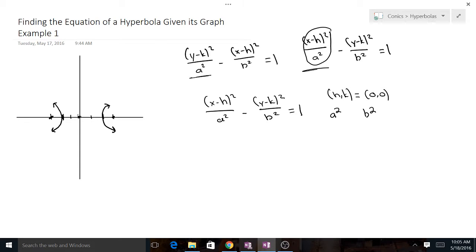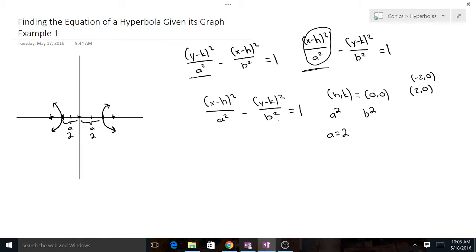Well, a is the distance from the center to the vertices, so we can figure that out pretty easily. The center is at 0, 0, one vertex is at 2, 0, and another vertex is at negative 2, 0. So that distance is just 2. So a equals 2.